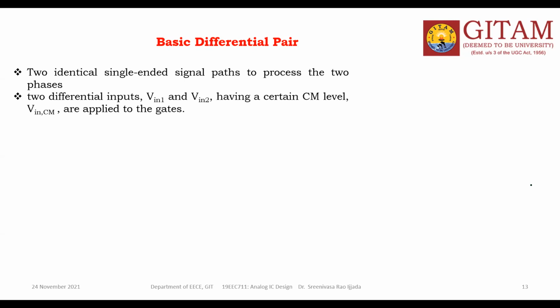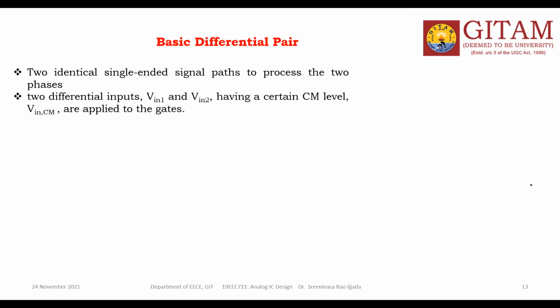So now I am going to the basic differential pair. This is how it looks. We are just seeing the basic concept. What does a differential pair mean? Two transistors, two circuits, two devices with loads, everything. It is two identical single-ended signal paths to process the two phases.